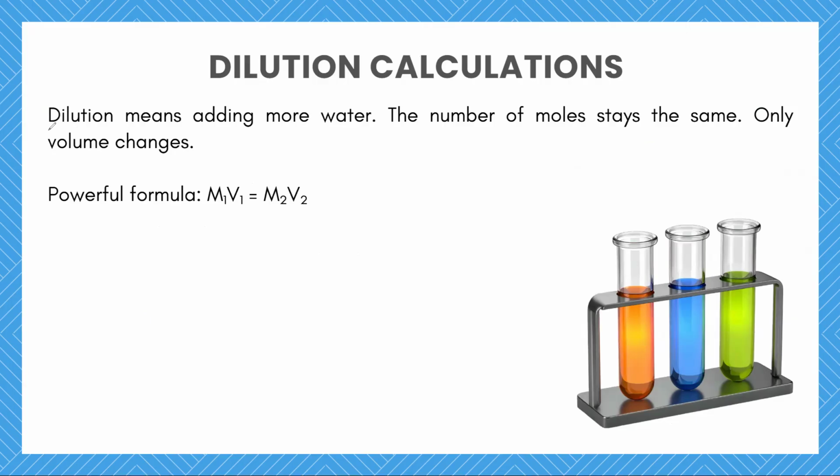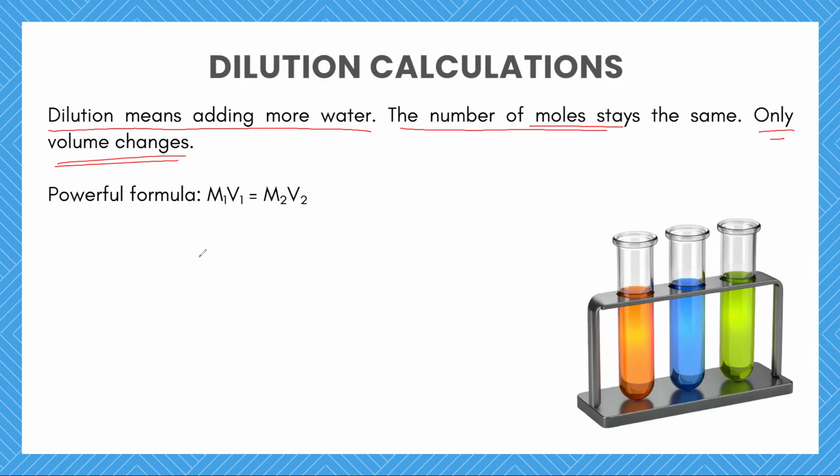So that's the concept of dilution. It means adding more water to a solution. The number of moles stays the same. That is, the amount of the solute that has been dissolved doesn't change. Only the volume of the solution changes. When the volume of the solution changes, the concentration will also change.